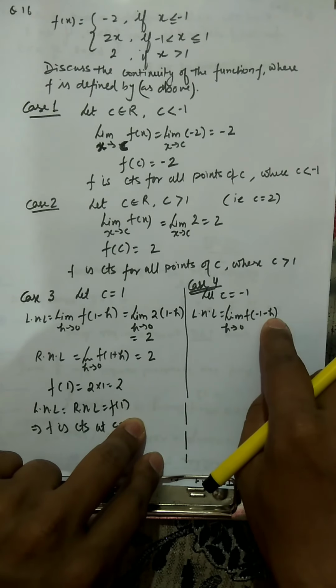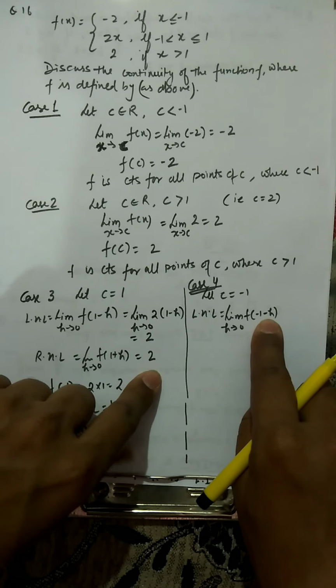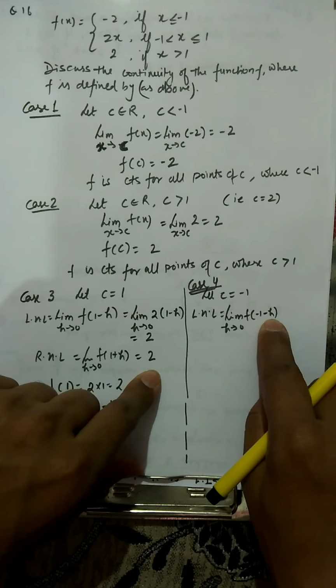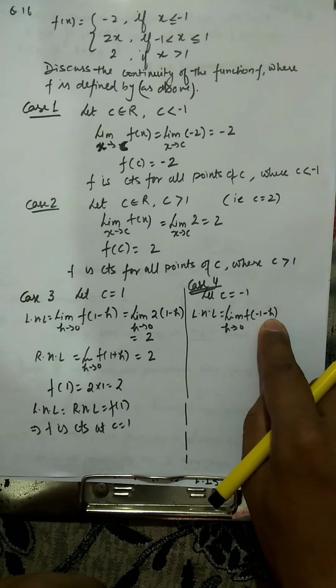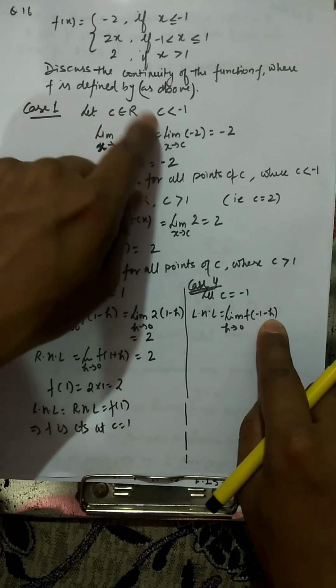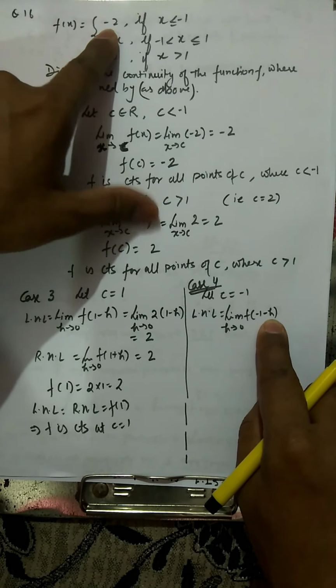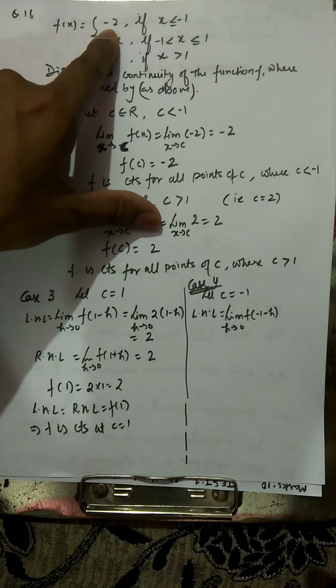So this is -1 - h, and if h is a small value, for example h equal to 0.1, this is going to be -1.1. You see where it exists, it's coming here, because on the number line, it is for all the values less than -1.